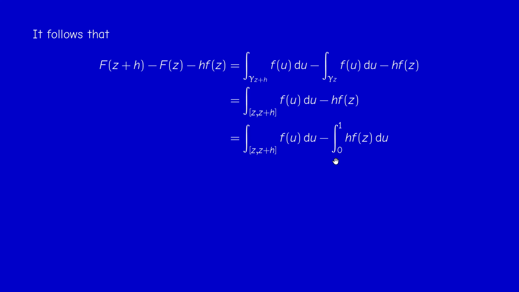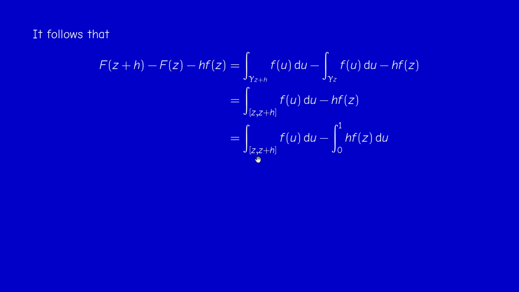Now let me write this difference as one integral. Note that this is a constant. It doesn't depend on u. So I can write this as the integral from 0 to 1 of h f of z du, right? And now, how can I compute that? It's very easy.